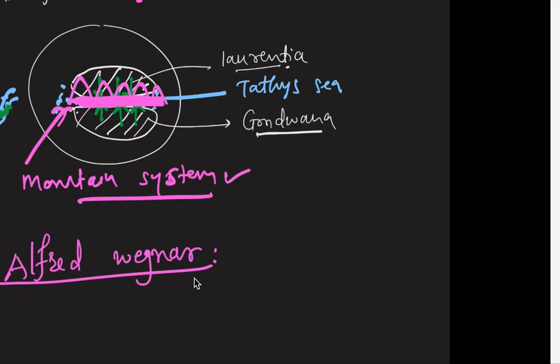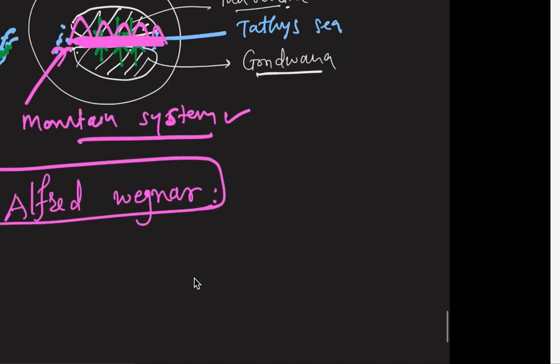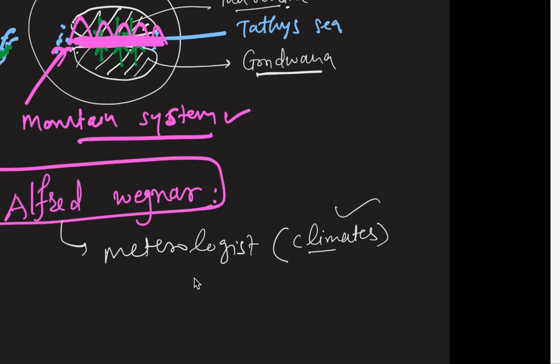Now this Alfred Wegener was not a geographer. He was a meteorologist. Means what? He used to study the climates. He was interested in the climates across the earth. Okay. Now what did he do?